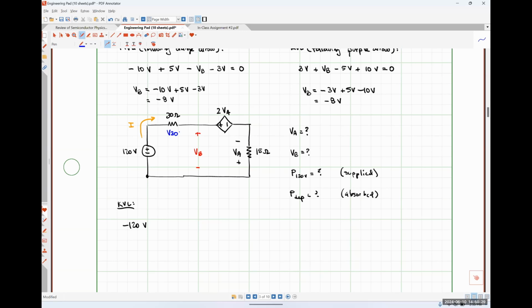Positive on the left. Positive on the left, okay? So now that I've defined V30 to have its positive polarity terminal on the left, I believe the next part of my KVL equation should just be plus V30. Are we all okay with that?